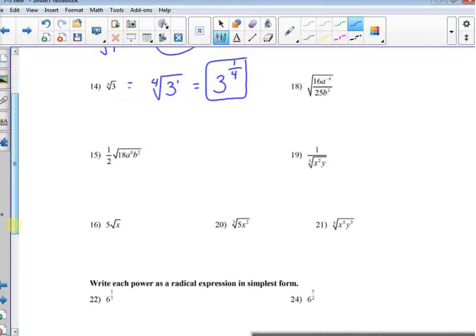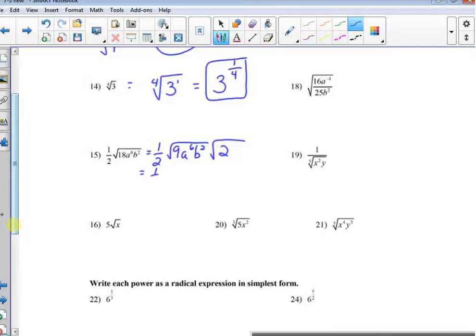15, I'm going to do some simplifying here. This is already in radical form. I'm going to do some simplifying and then put it as fractional exponents. So 1/2, I'm going to put my perfect squares, my non-perfect squares. So I have 9a to the 6, b to the 2nd, and 2.